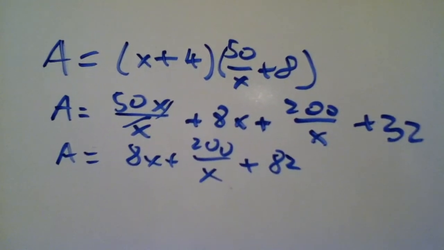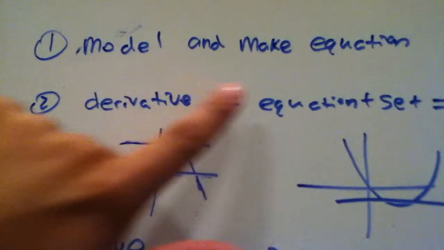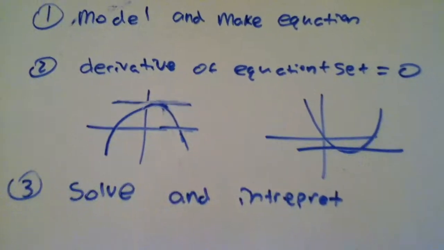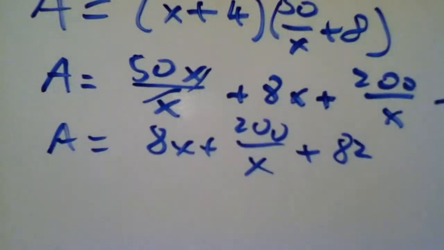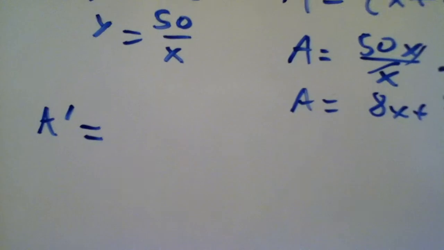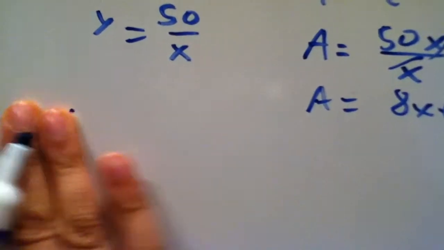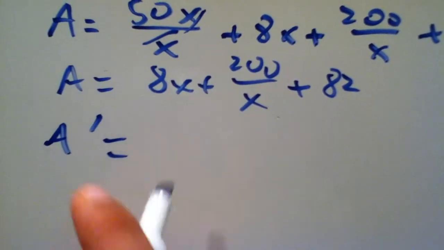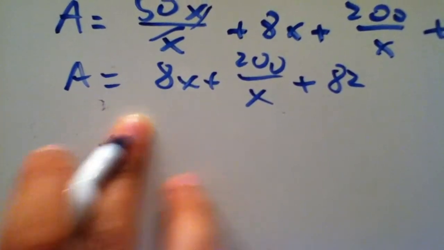So now you have completed the first step. You've modeled your problem, and you've made the equation. The next part is to take the derivative and set it equal to 0. Let's think about this a different way.